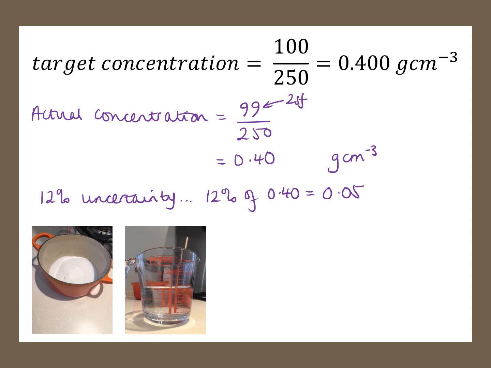So our actual concentration, including the uncertainty, is 0.40 plus and minus 0.05 grams per centimetre cubed, which, considering I've used my kitchen apparatus and not lab apparatus, is not bad considering our target concentration was 0.400 grams per centimetre cubed. I certainly wouldn't be particularly happy with that in the lab, mind you, so perhaps now we could start to consider how we could go about minimising these percentage uncertainties.